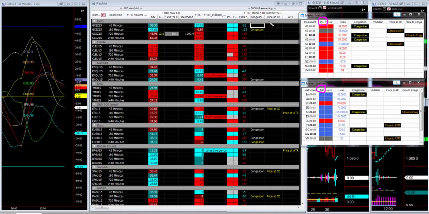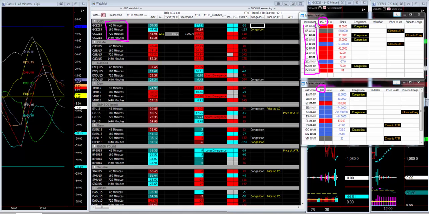If we look over in MultiCharts, the difference is that I can scan multiple time frames within one window. You can see that I have a 45-minute, 180, 720, and a 1440. The difference between MultiCharts and NinjaTrader is that in NinjaTrader, I put a market analyzer on a time frame with multiple symbols.